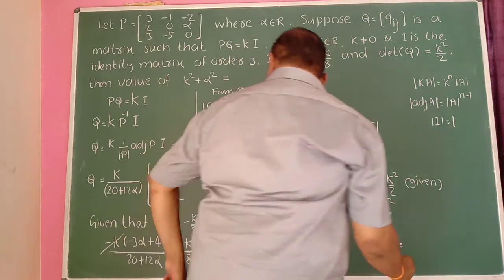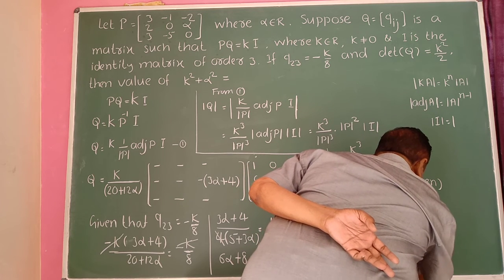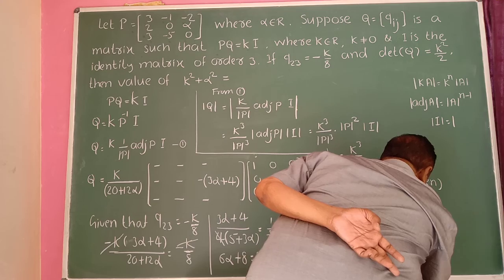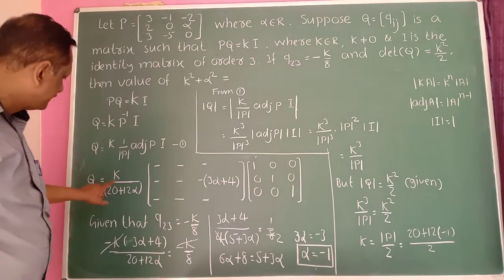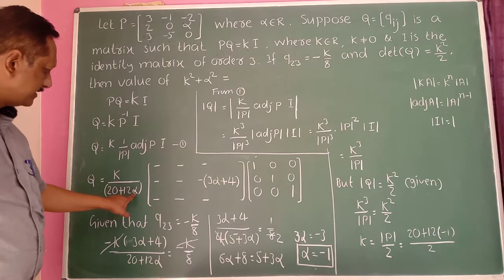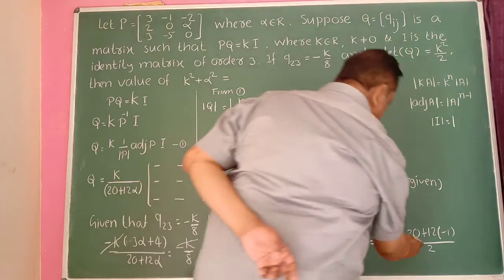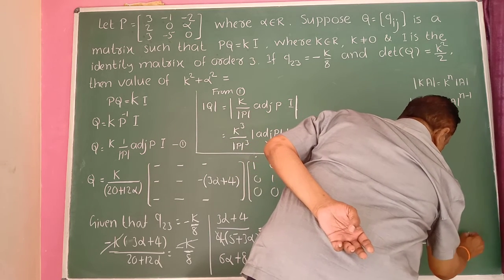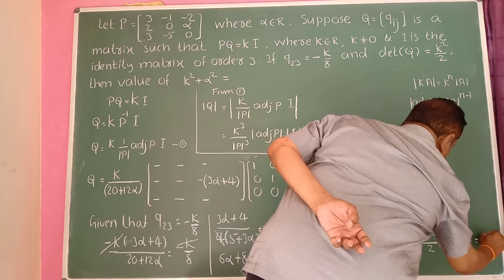So determinant of p becomes 20 plus 12 into minus of 1, divided by 2. Okay, so determinant of p is this here. Alpha value is minus 1, so 20 plus 12 into minus 1 here. 20 minus 12 becomes 8 here, 8 by 2. Then 8 upon 2 becomes 4 here.